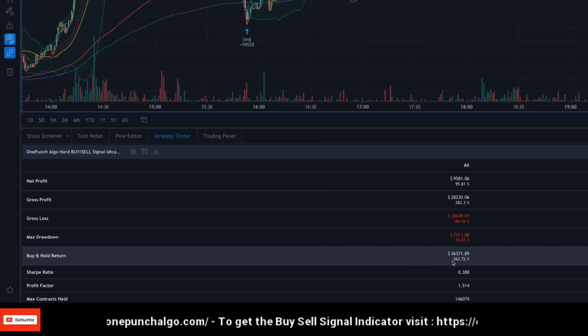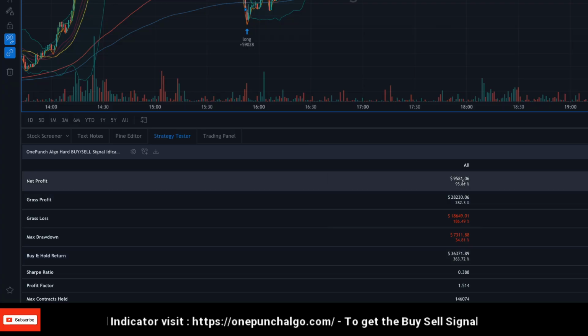Sometimes you may be selling early, maybe you are joining late, so it's hard to tell, but these are actual numbers. If you were to hold from the very first day of April till today, you would have 363%. And if you were to day trade or use OnePunch algo 1 minute, it's 95%.